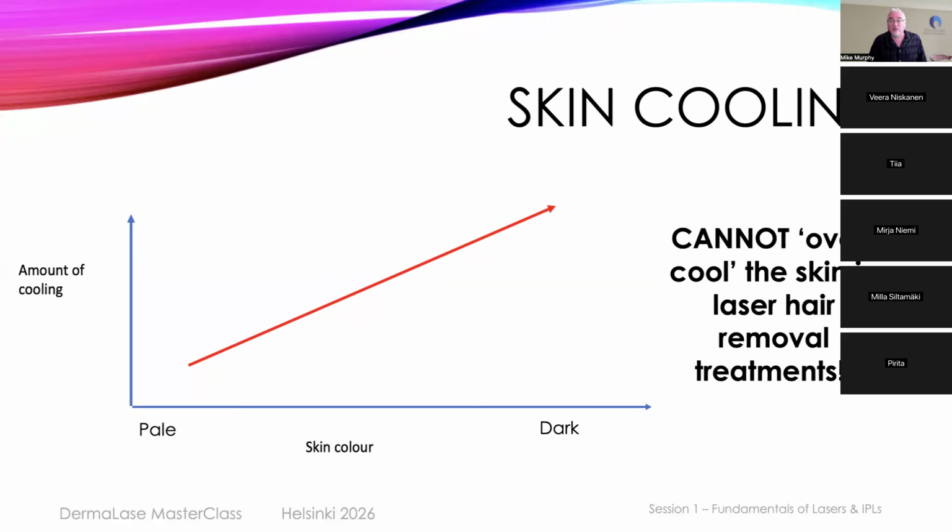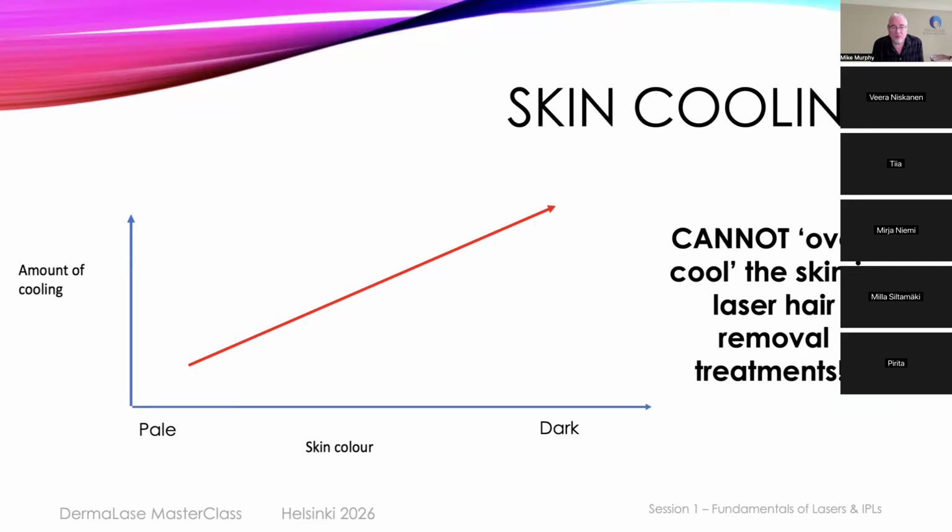We cannot overcool. This is a curious thing I only realized a couple of years ago. People used to say to me, oh, but what if you overcool the skin and you make the hair cold as well? And what I realized was, no, we can't, because if you're treating darker hair, you should only ever treat dark hair, right? Dark brown and black hair. The concentration of melanin in the hair is significantly greater than the concentration of melanin in the epidermis.